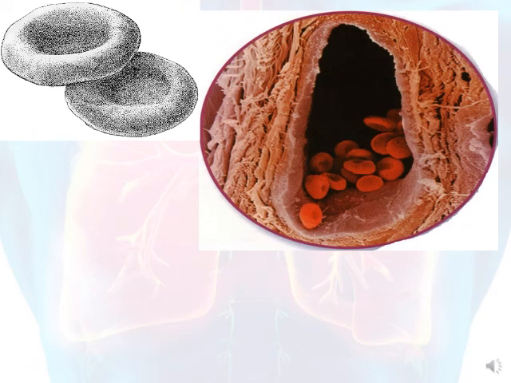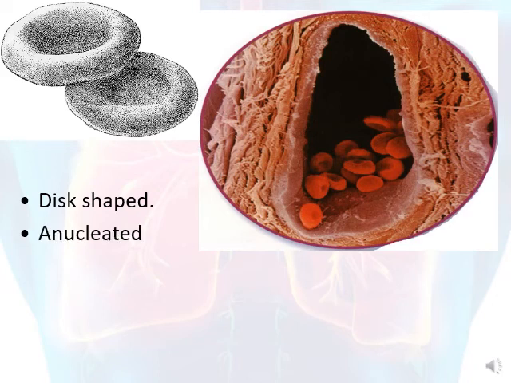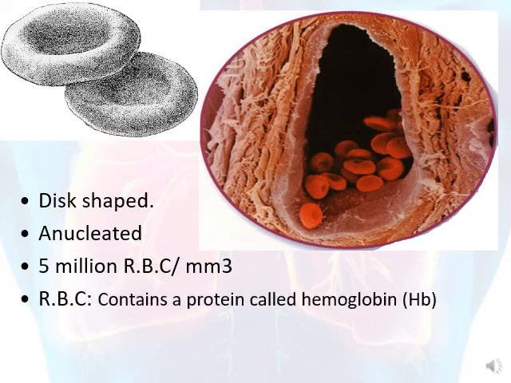The red blood cells are disc shaped. They are anucleated, meaning that they don't have a nucleus. We have about 5 million red blood cells per cubic millimeter, and red blood cells contain a protein called hemoglobin that is bound to either carbon dioxide or oxygen gas.